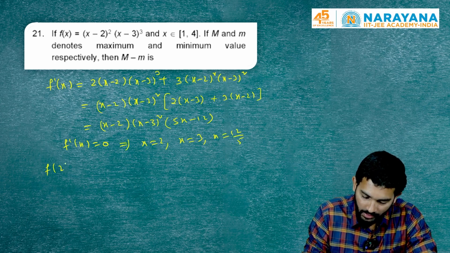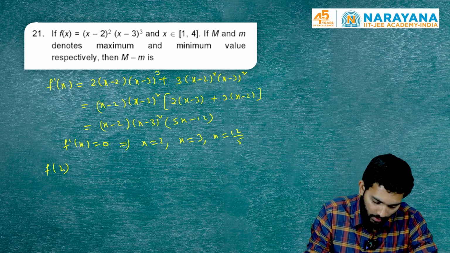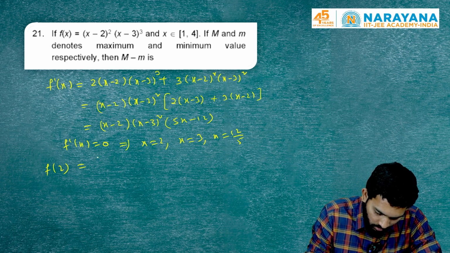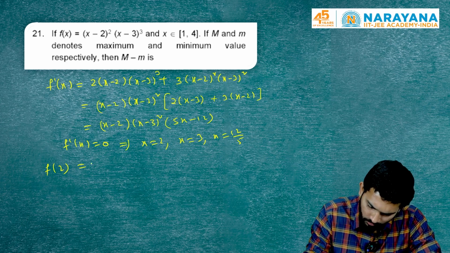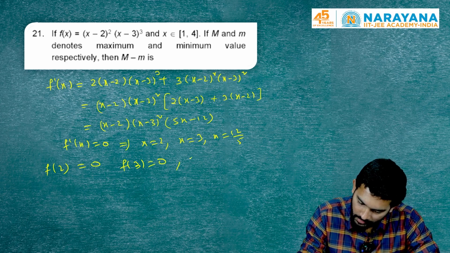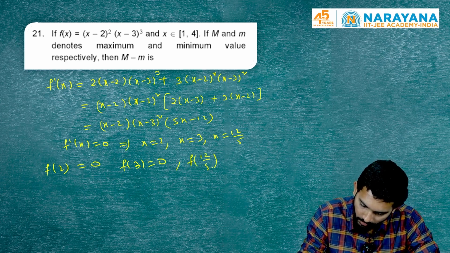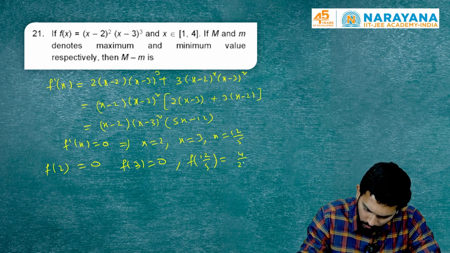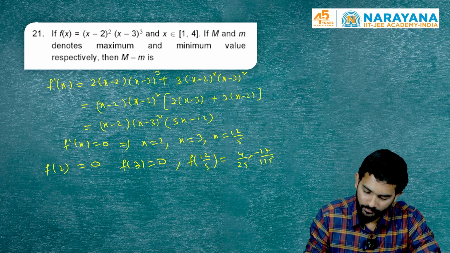Now f of 2 is 0, and f of 3 is also 0. If you calculate f of 12 by 5, you will get 4 by 25 into minus 27 by 125.